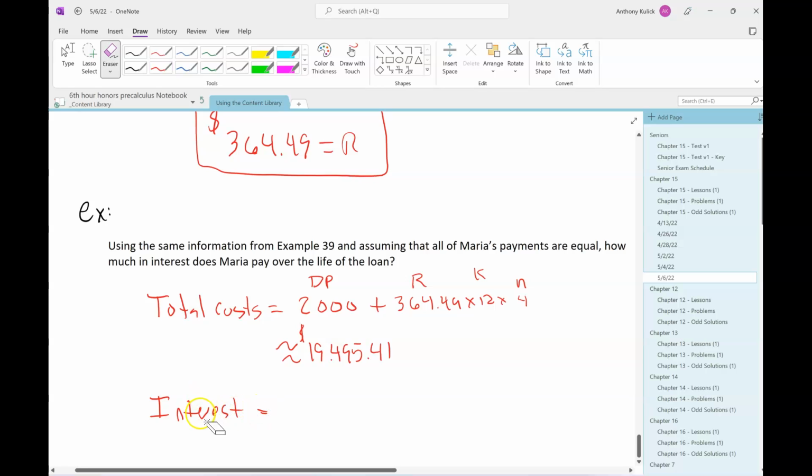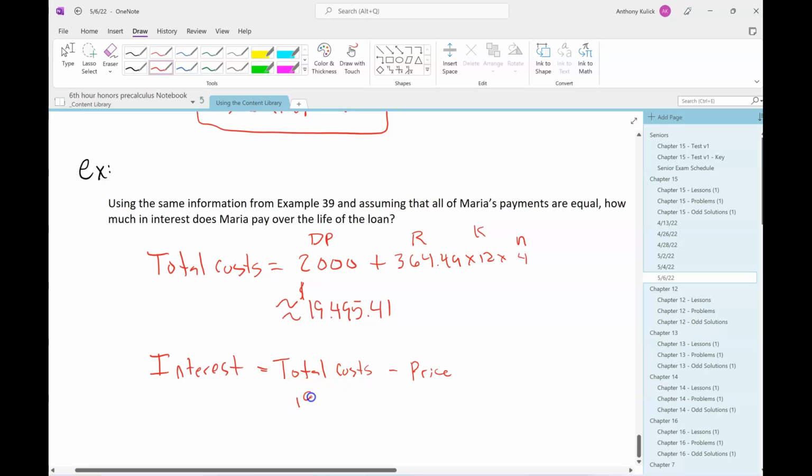So the amount of interest I ended up paying for this, how would I calculate that? Well, I'll take the total costs and then subtract off what? Yeah, the price.